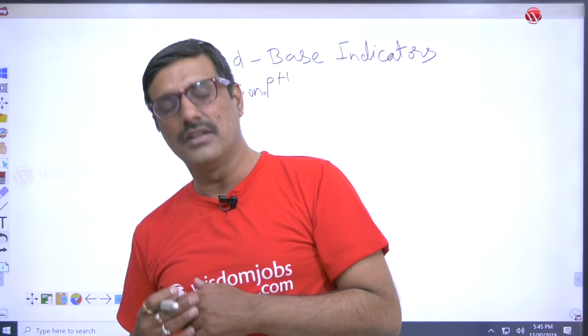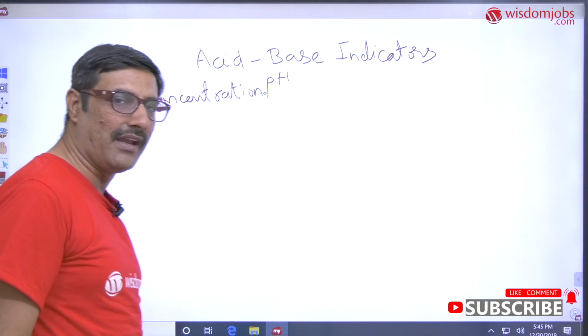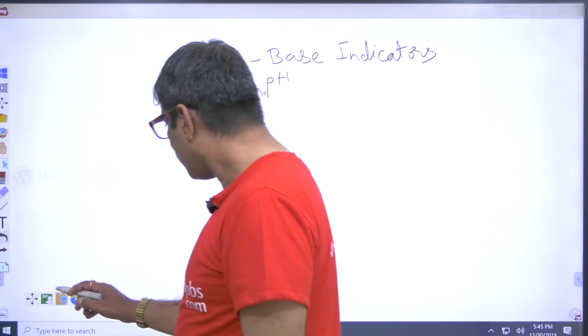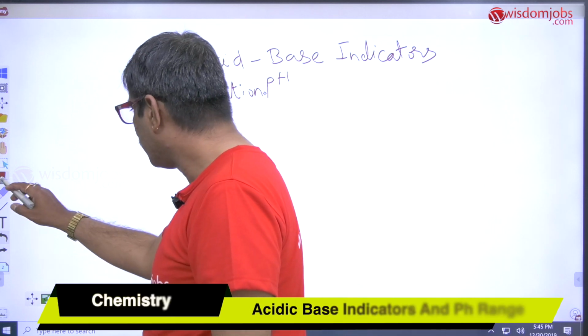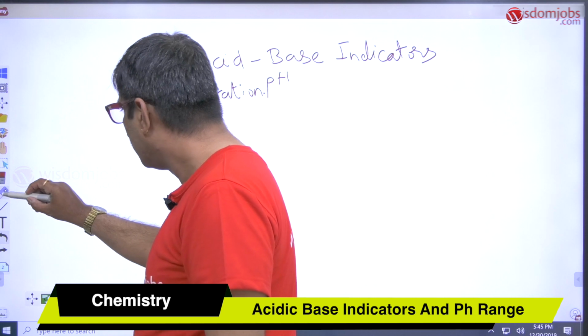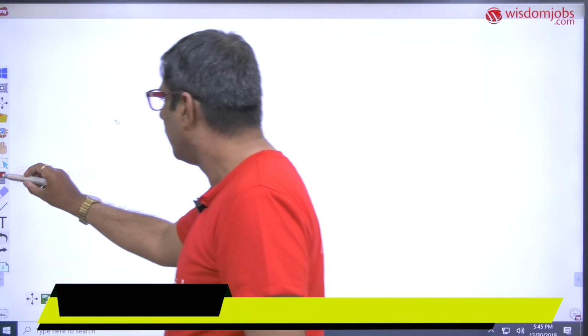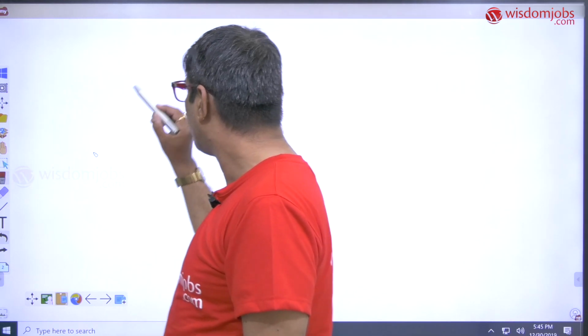Coming to this topic, let me explain what acid-base indicators are. In order to check whether a material is an acid or a base, we basically use what is called a litmus paper.